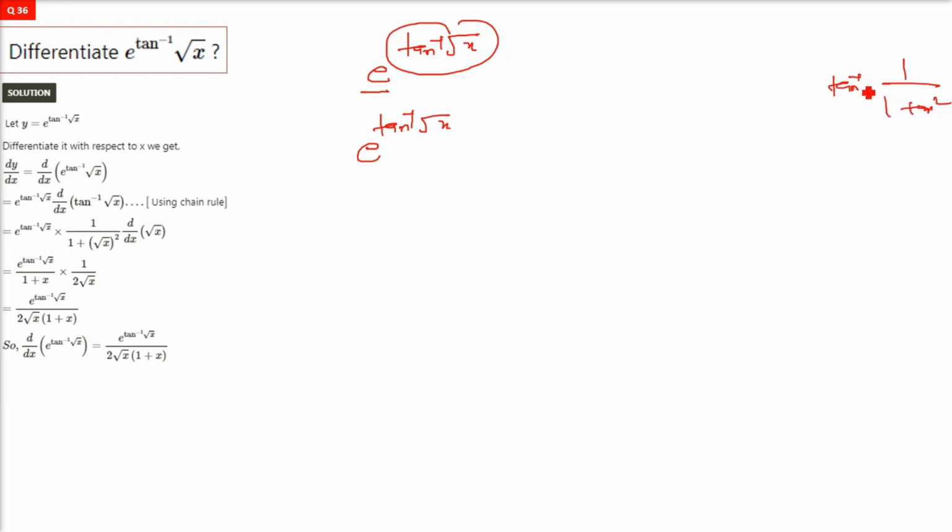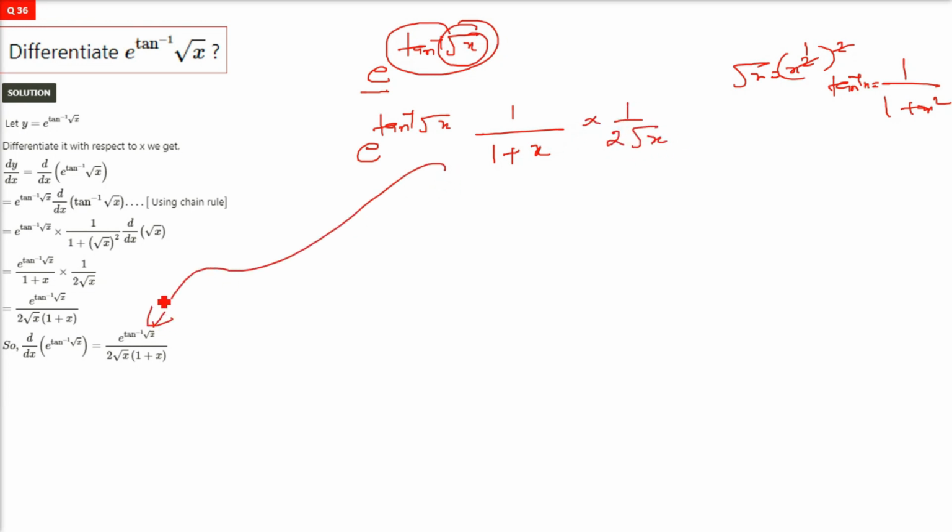Tan inverse x differentiation is 1 by 1 plus x square. But since we have a root here, under root x is simply x to the power half, and if you take the square, the 2 gets cancelled. So the differentiation of under root x is 1 by 2 under root x. Now combine them. This is your final answer.